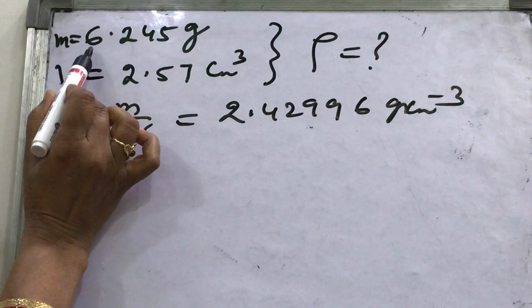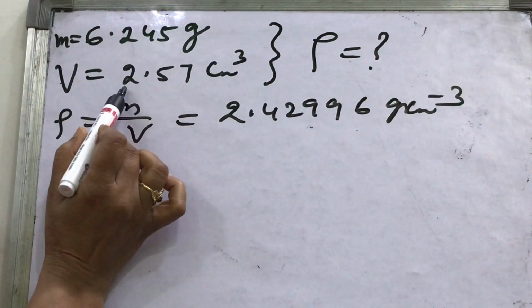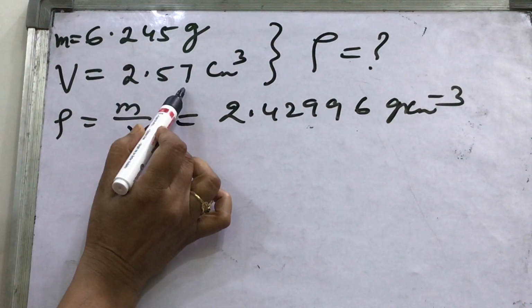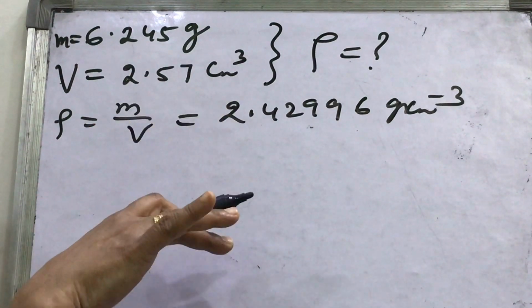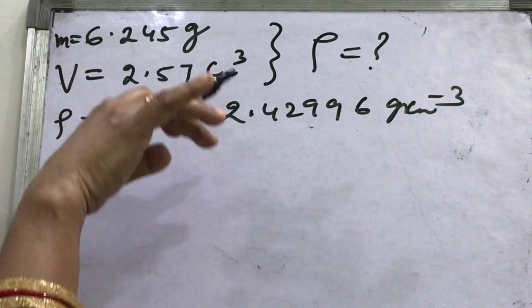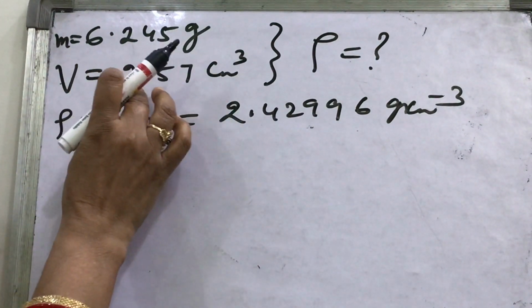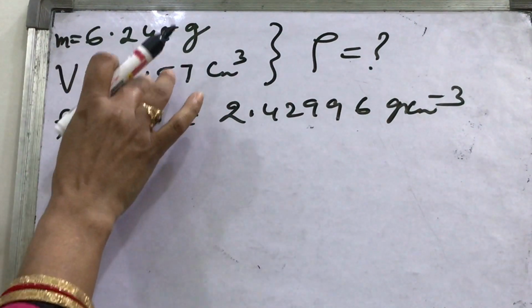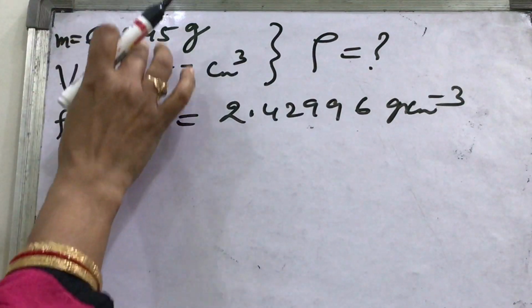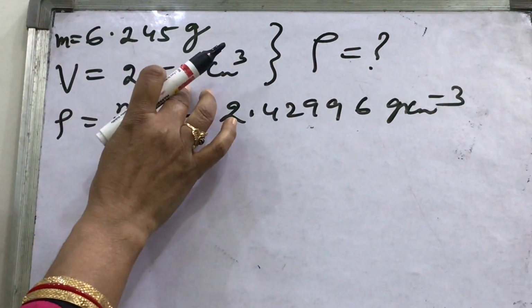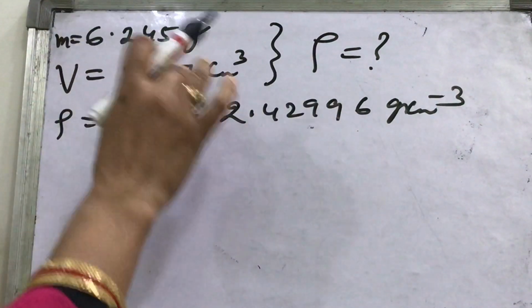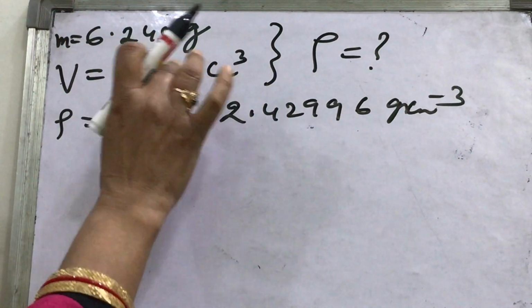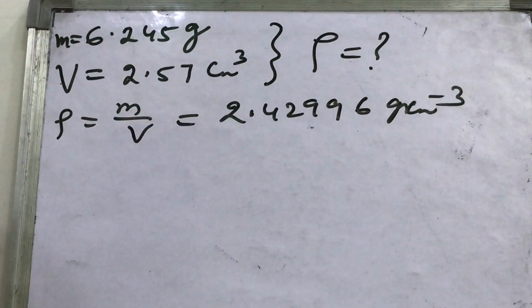How many significant figures here? 4. And how many significant figures here? 3. Then the answer must contain such number of significant figures which are least in the given numbers. The number which contains the least number of significant figures, in the same number of significant figures you should represent your answer.